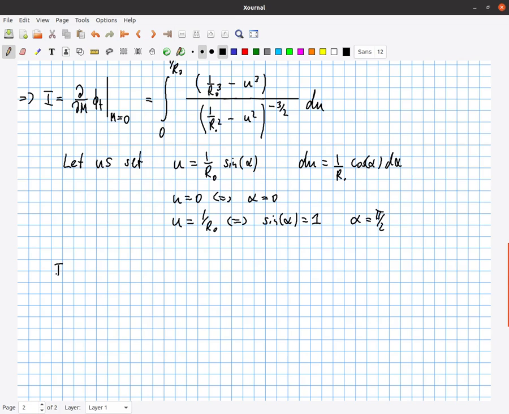Our integral now becomes the integral from 0 to pi/2. Let's make the substitution. 1/r0 to the power 3, minus 1/r0 to the 3 sine to the 3 alpha.